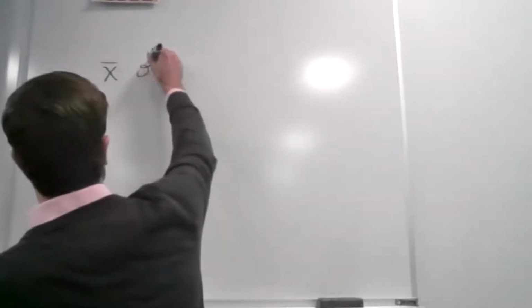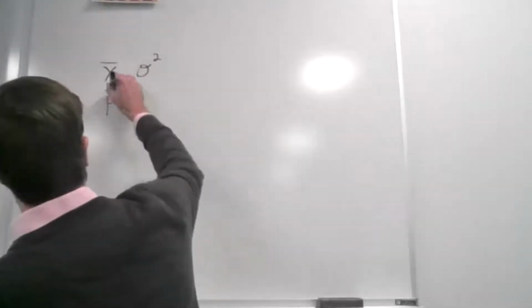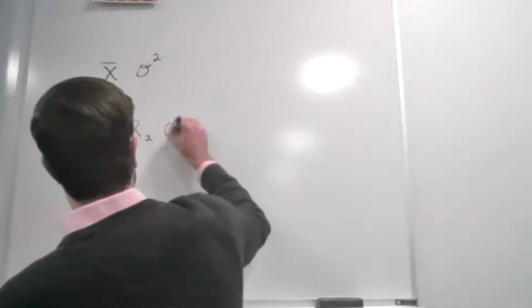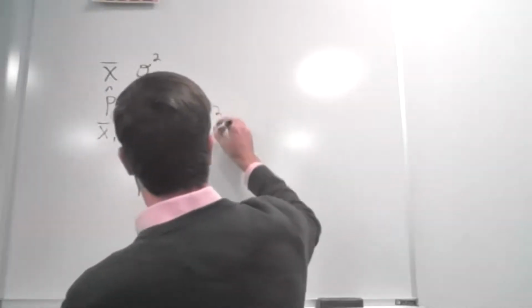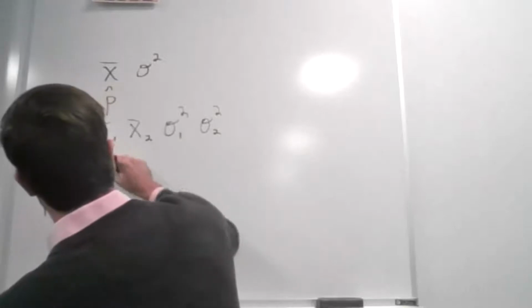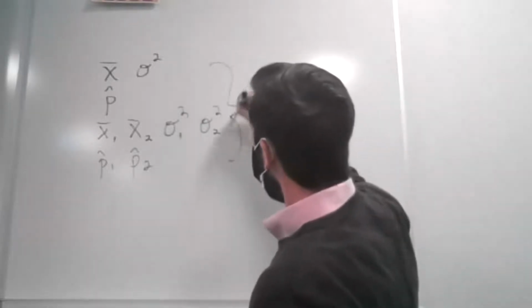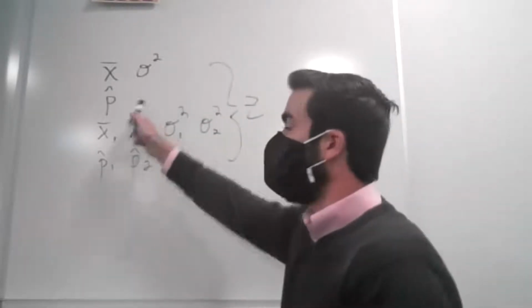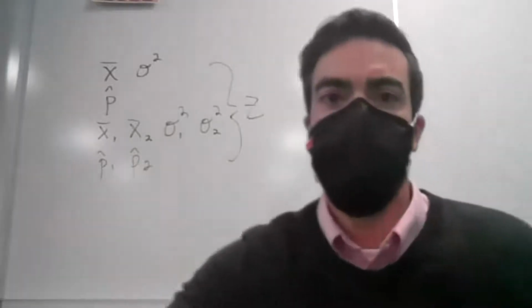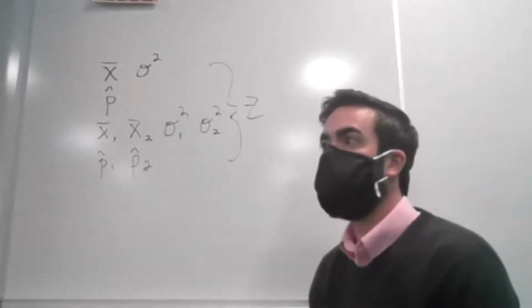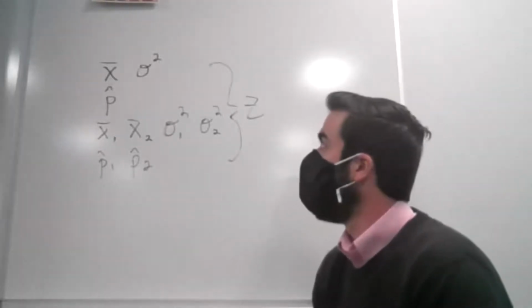So all of these are instances where you'd want to use the Z tables, right? Anytime you see proportions, whether it's one or two populations, you should automatically be using the standard normal distribution or the Z tables.